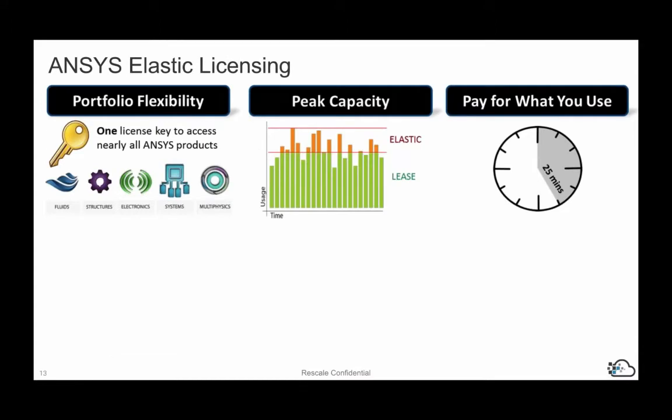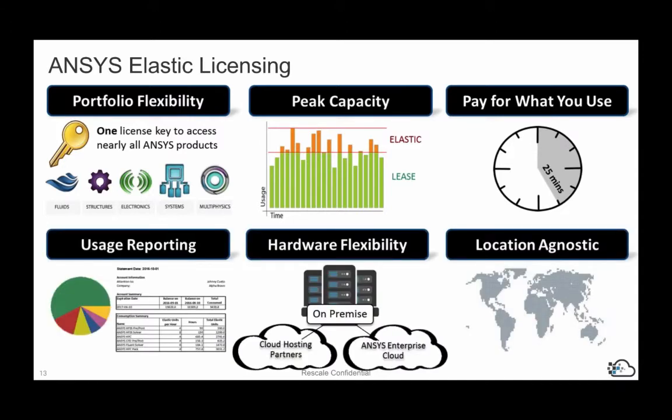On this slide, I want to explain our usage-based license model, which is called ANSYS Elastic Licensing. This is a pay-per-use licensing model that enables usage-based licensing of virtually every ANSYS product, and it is accommodated through a single license product called ANSYS Elastic Units.